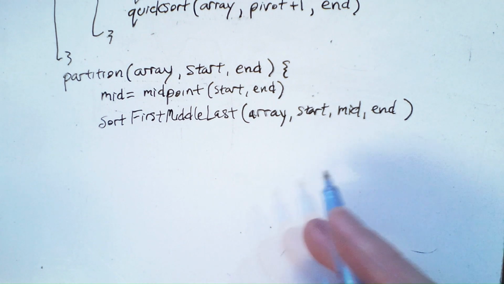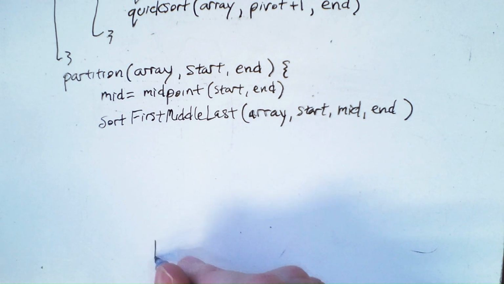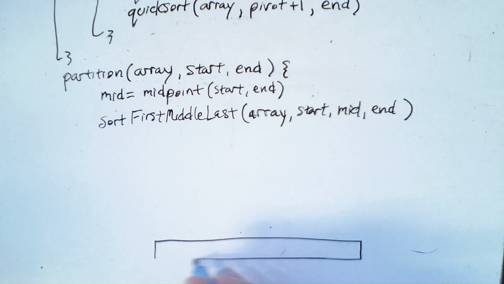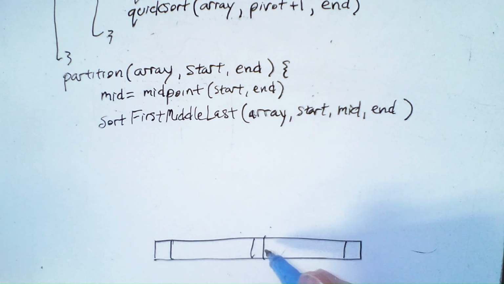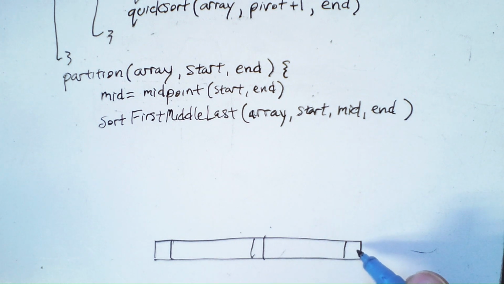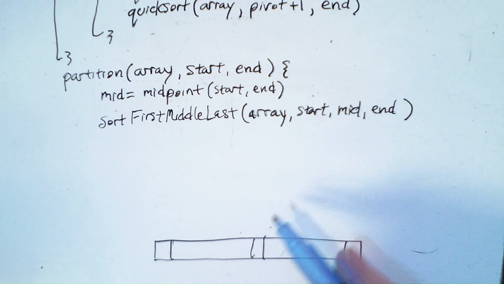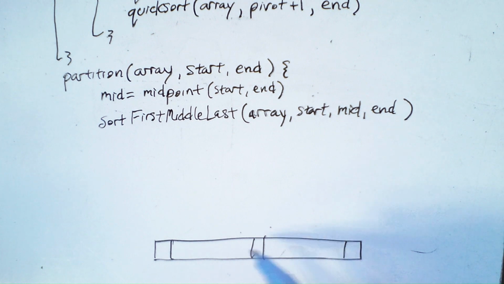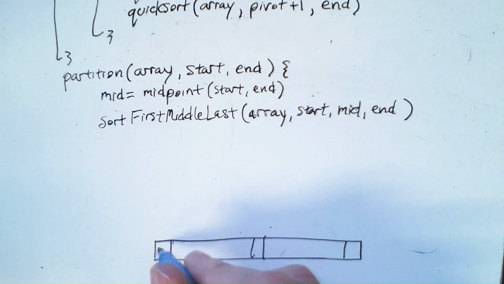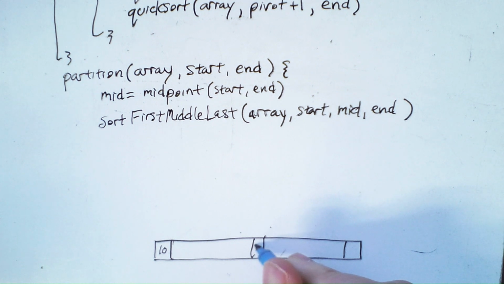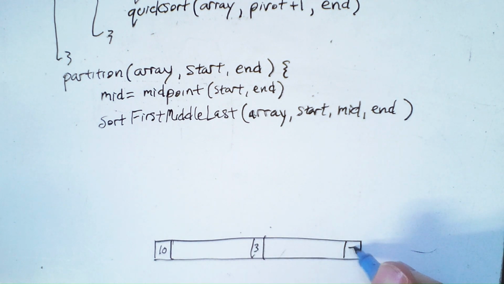So I'm not going to provide the full definition of this, but I will say that if you have an array like this, where you have your start, your midpoint, and your last index, you can look at these 3 positions, and it only takes a small number of direct comparisons to figure out, for example, if we have a 10 here and a 3 here and a 7 here, that's not in order.